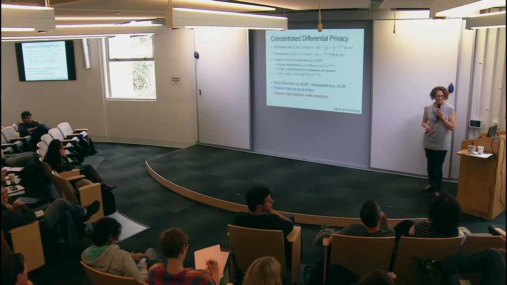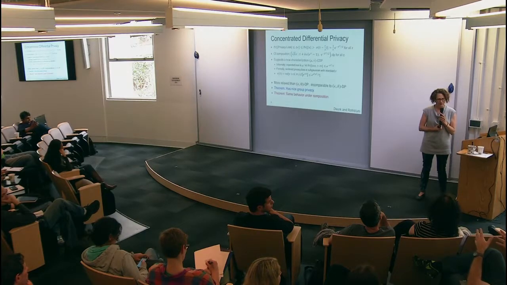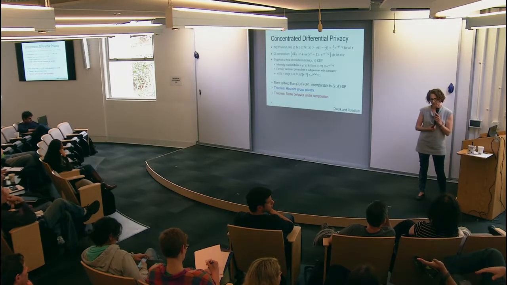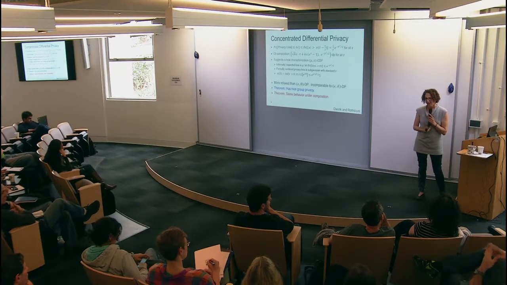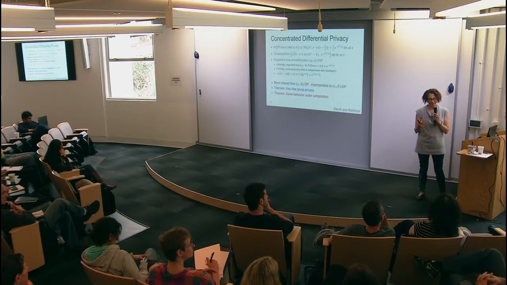So you're saying it's more like a convenient property, but the notion of epsilon differential privacy already implies this for the analysis, or is there a benefit of analyzing this notion directly as opposed to epsilon differential privacy? Because this looks like a more gradual notion. It's all I can say.